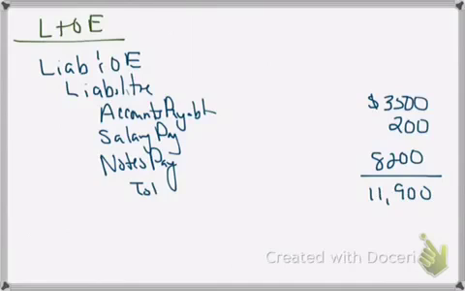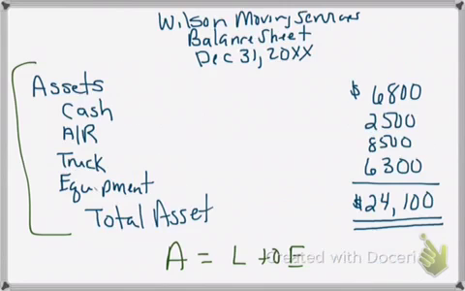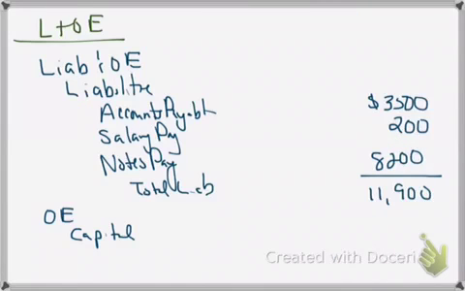as my total liabilities. The next section is the owner's equity section, and I'm going to be looking at the capital account. Now remember, that capital balance is coming from right here. It's the $12,200 amount from the statement of owner's equity. So I'm going to come over here and put the $12,200.